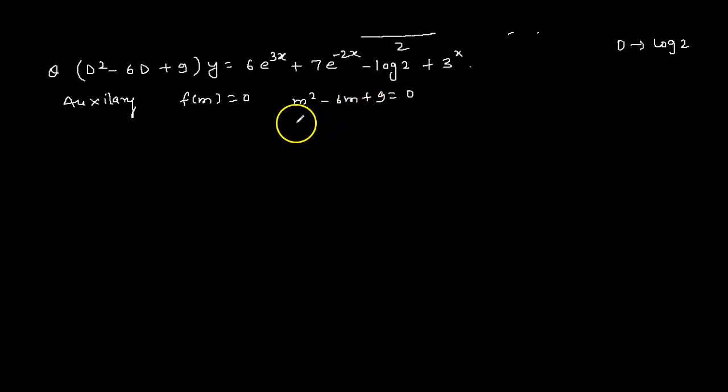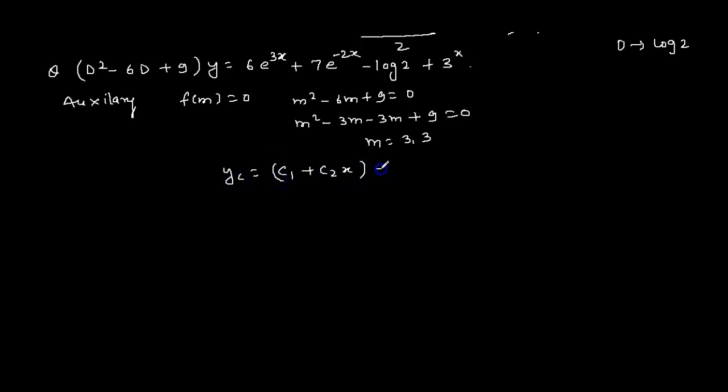Yes, m square minus 6m plus 9 equal to 0, you will get m is equal to 3 and 3. So yc is equal to c1 plus c2 x into e to the power of 3x. That is the complementary function. Now we'll do the particular integral.